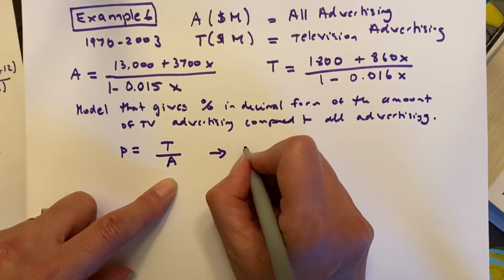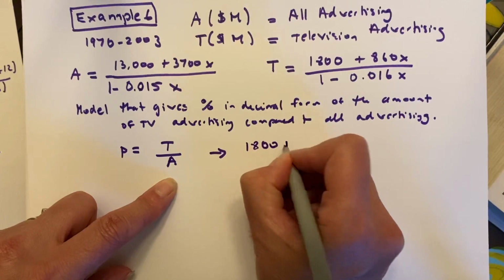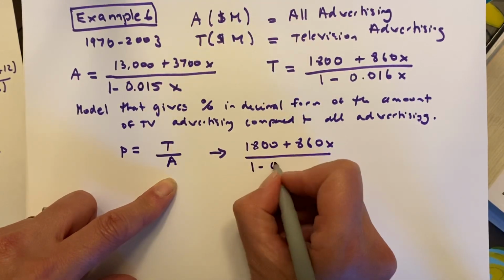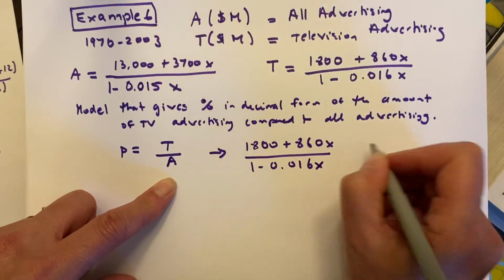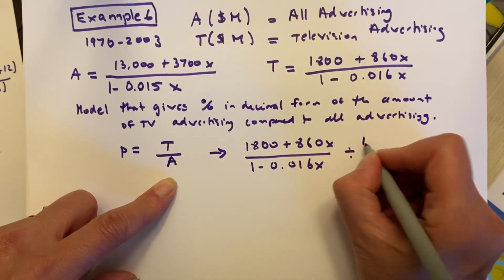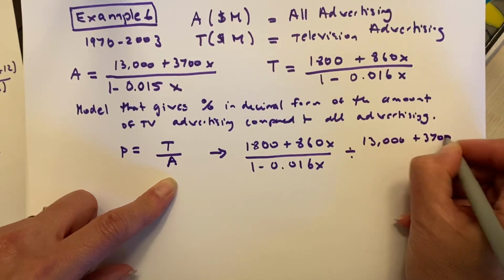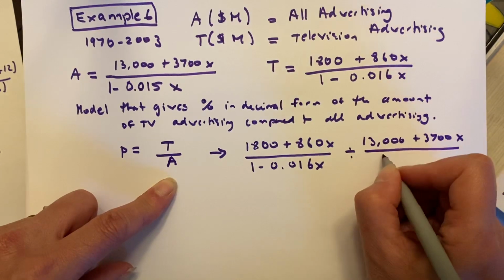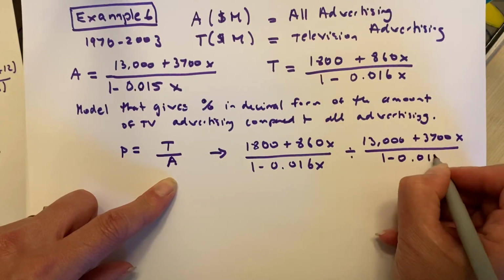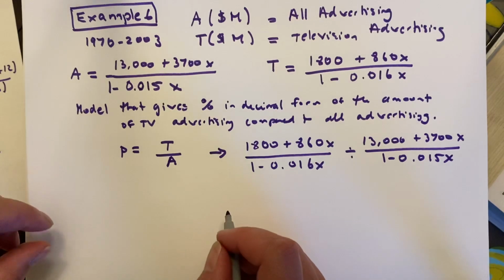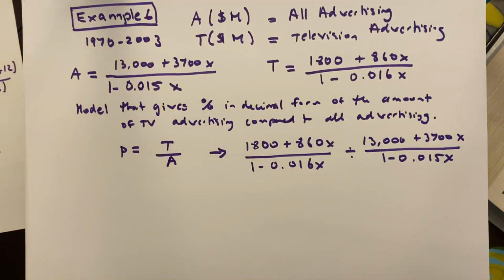What does that look like? That is (1800 + 860x)/(1 − 0.016x) divided by (13,000 + 3,700x)/(1 − 0.015x). Just as we did with the others, they're much bigger numbers, but the process is exactly the same.